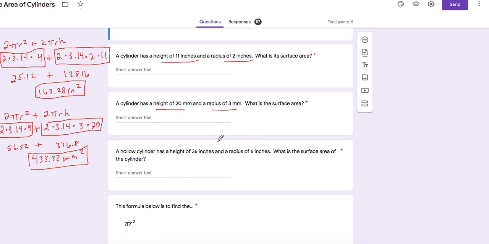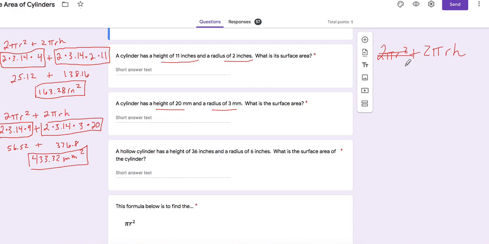All right. Number 3 is a hollow cylinder. Don't forget, think of an empty paper towel roll. We have the curved surface that we have to find the surface area of, but there's no circular bases. It's hollow. So if we look at our formula, 2 pi r squared plus 2 pi r h, we can get rid of the left part, because remember that the left side is for the circular bases. Pi r squared is the area of a circle.